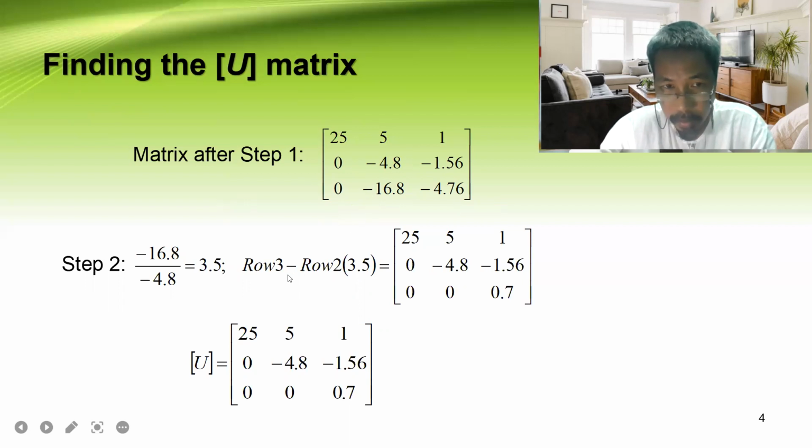This is row 3 minus row number 2 multiplied by this multiplier. This multiplier is equal to this one divided by this one, so 16.8 divided by this one. So we have the upper triangular matrix, which is equal to this one. Okay, we have already finished the upper triangular matrix.